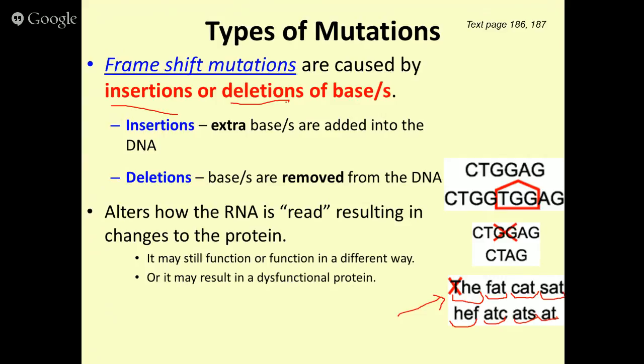So you're going to end up with very different results, or sometimes nonsensical results. So again, the protein might still work, but very often it will lead to a dysfunctional protein. So it's called a frame shift mutation if you put in an extra base or delete a base, so that you change the reading frame and you change the order of the trios of codons that are being read.